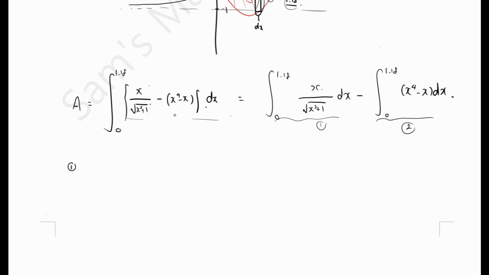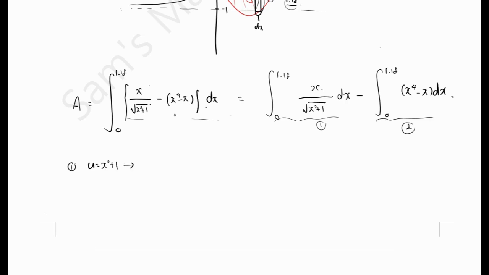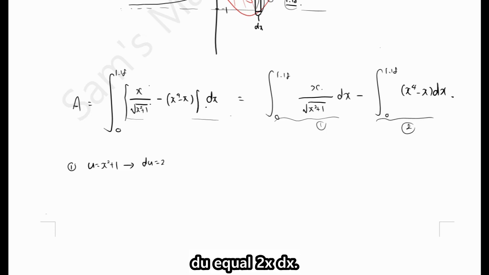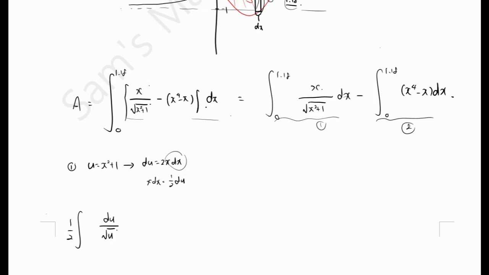To find integral 1, we substitute u equals x squared plus 1 and take the derivative on both sides. du equals 2x dx, so x dx is 1 over 2 du. So the integration is du over the square root of u, times 1 over 2.